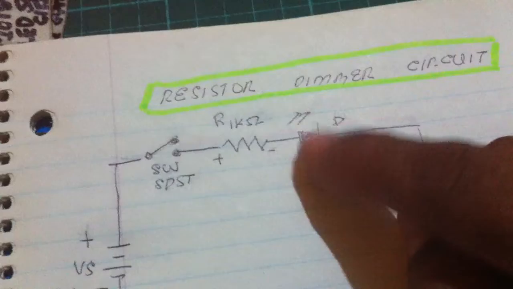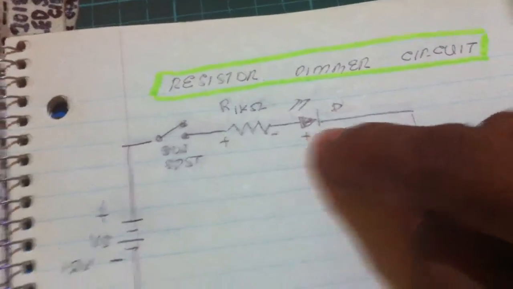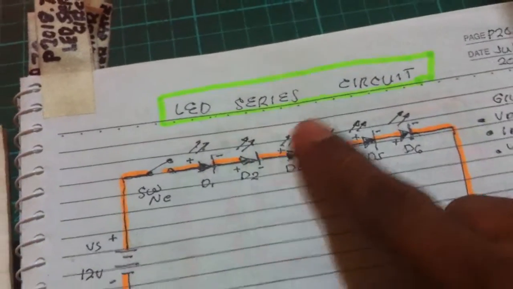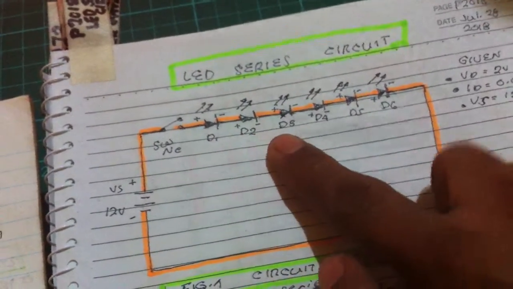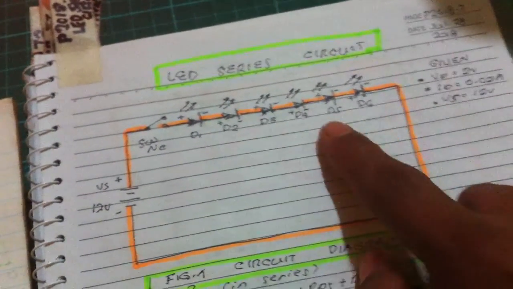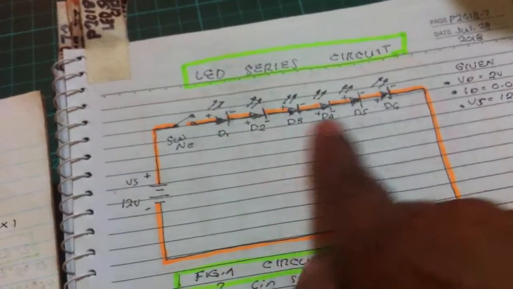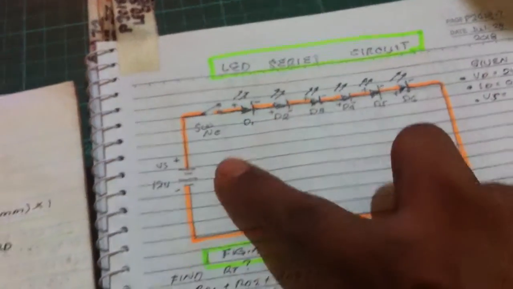There is certain internal resistance of this LED, and we already computed that with our LED series circuit, because the sum of all the voltages here is 2 volts each, because they're in series, voltage is divided.